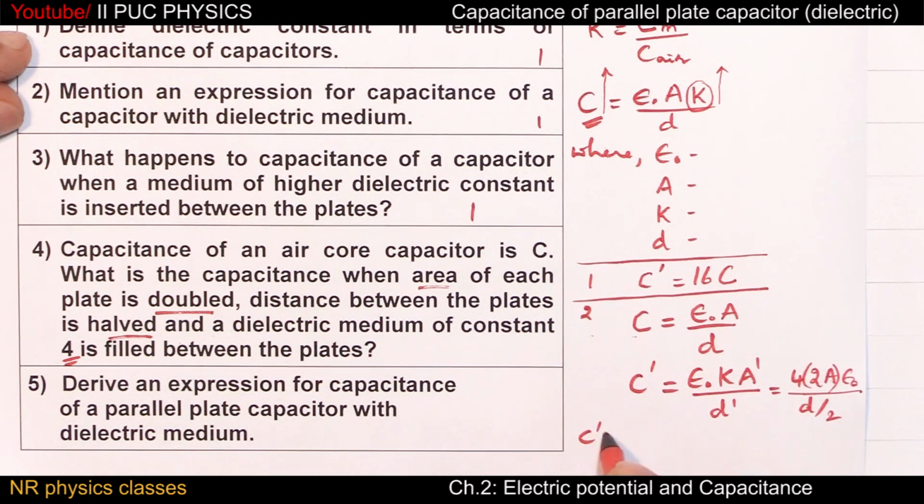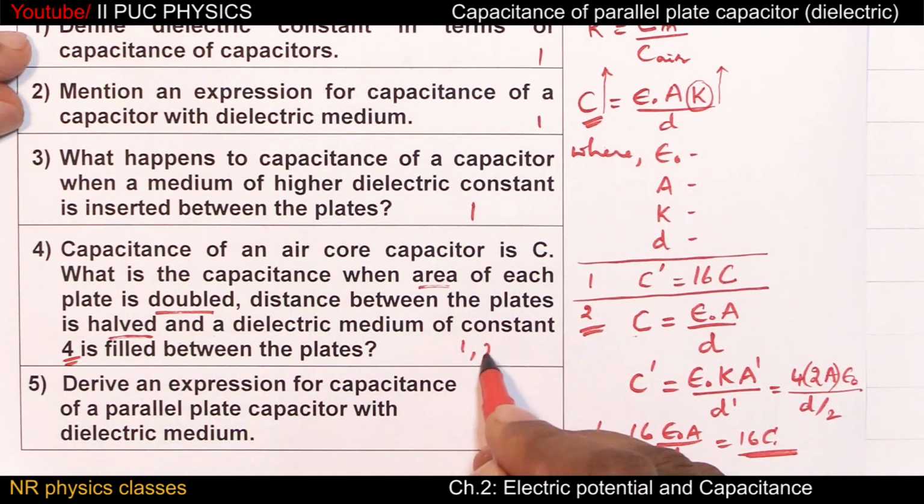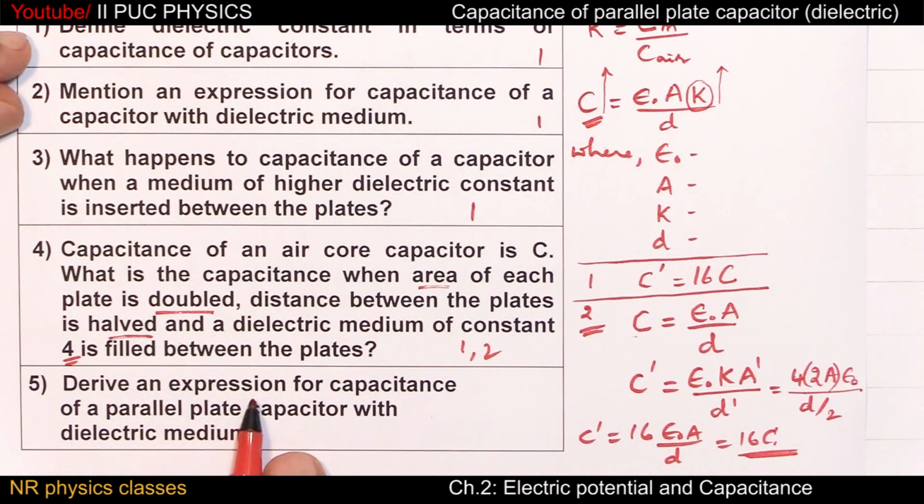Therefore C dash becomes 16 times epsilon naught A by D, or 16 times C. For 2 marks, you have to show a few steps. At the end, you will get 16 times C. So this could be for 1 or 2 marks, conceptual type. Derive an expression for capacitance of a parallel plate capacitor with dielectric medium. This can be asked for 3 or 4 or 5 marks.